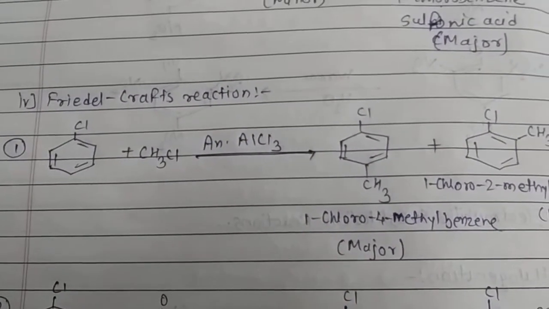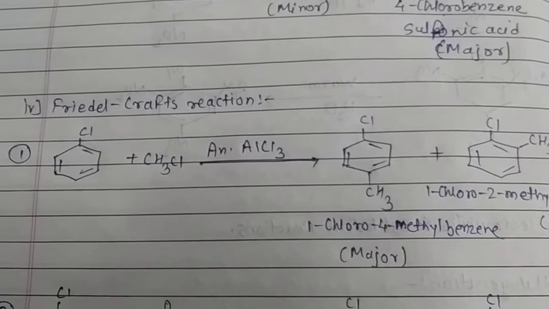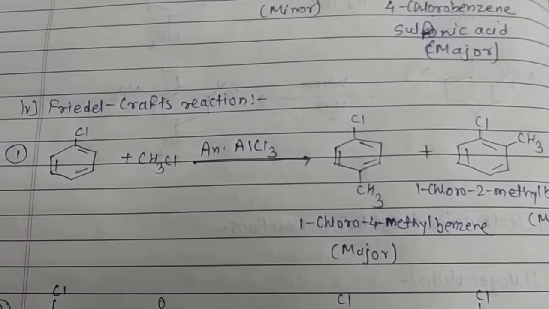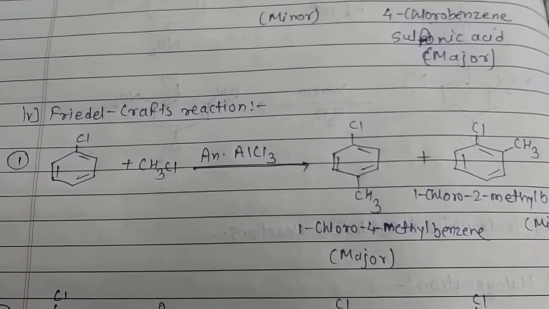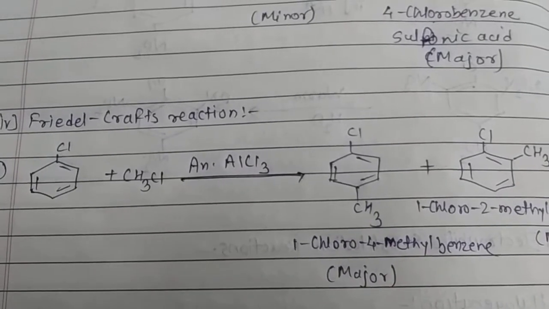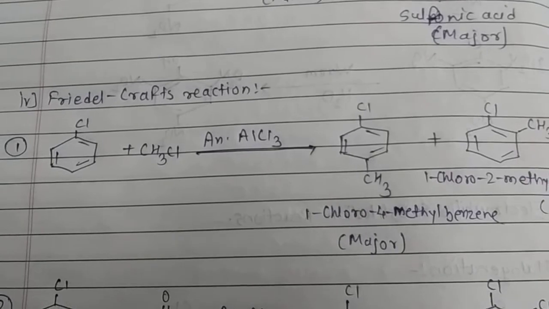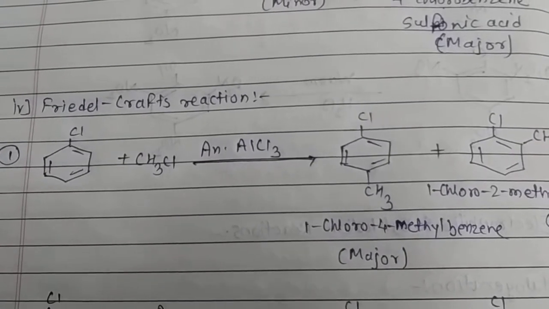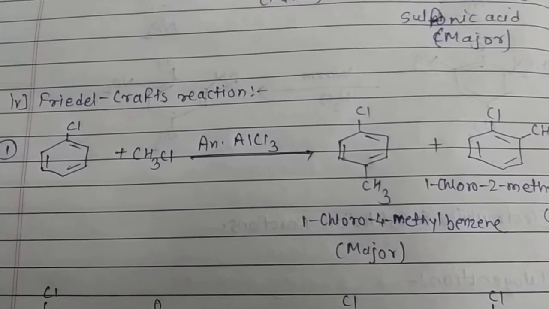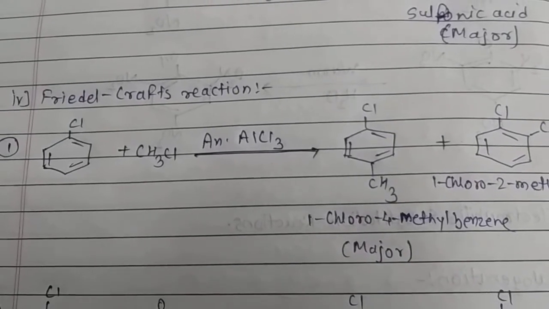And now the last one, that is the Friedel-Crafts reaction. So when chloromethane is treated with chlorobenzene in the presence of anhydrous AlCl3. Here in the Friedel-Crafts reaction, CH3 possesses a delta positive charge, so CH3 acts as the electrophile.